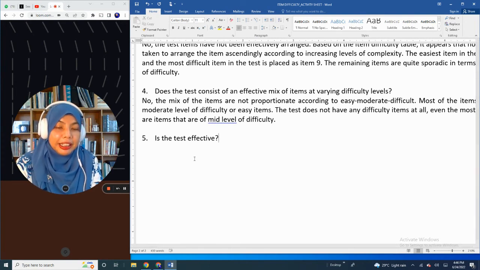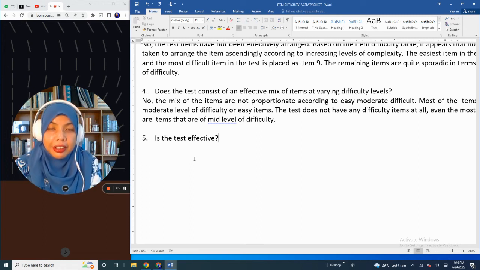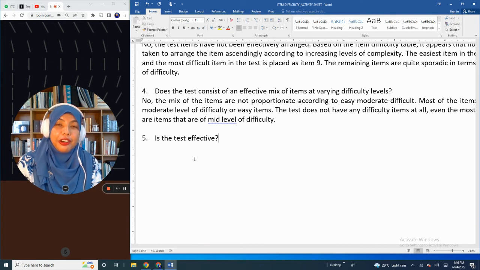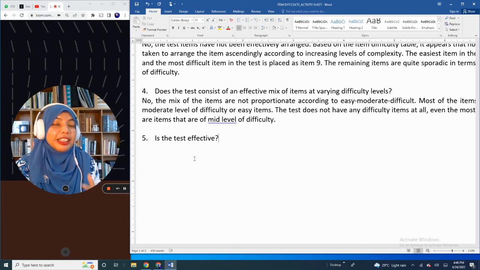It can be a clear-cut yes, the test is effective, or no, the test is not effective. Or you can answer along the lines of the test is not that effective, or the test is half effective, if you can use that range to answer.